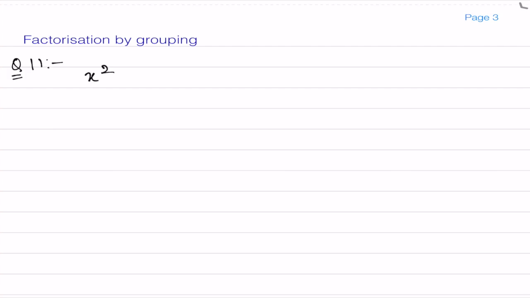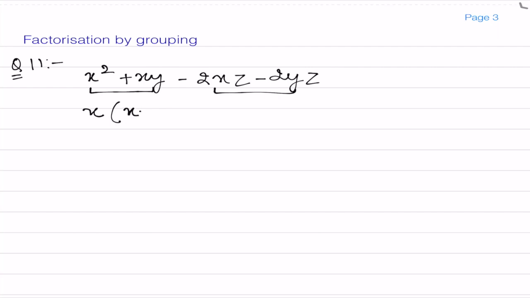The question is x square plus xy minus 2xz minus 2yz. First, we'll take the first two terms and the last two terms and check for anything common. In the first two terms, we can see x is common. So what is left? x plus y. In the last two terms, here it's minus, so we'll put minus, and what else is common? 2 into z. Now in the bracket, what is left? x.